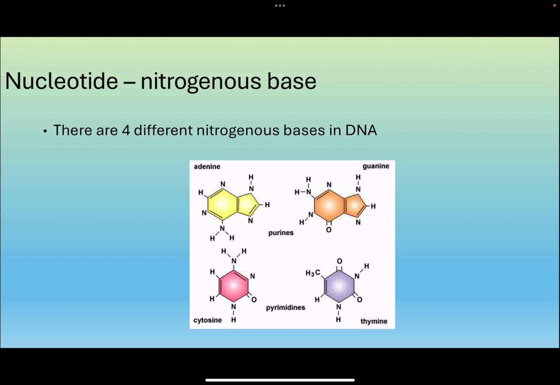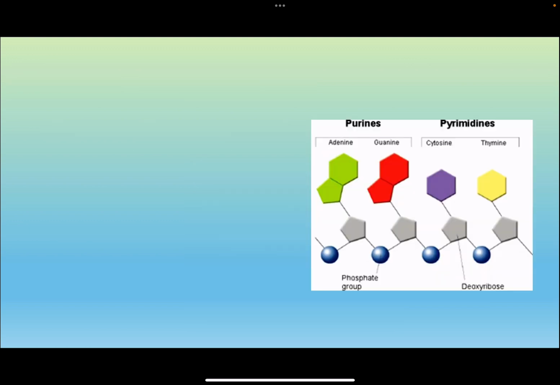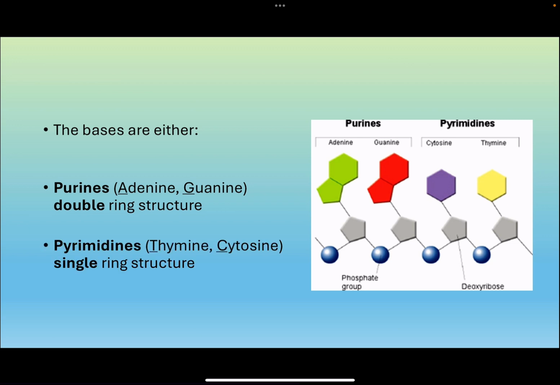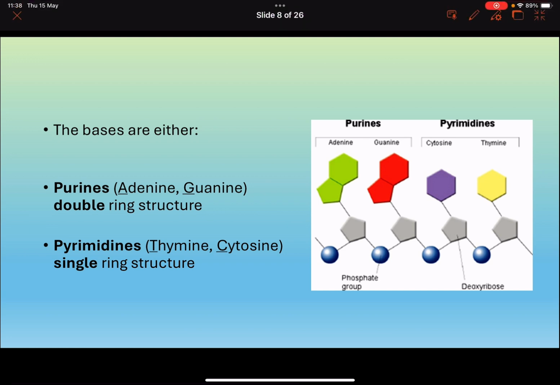These are called pyrimidines. So again, just to confirm that, you've got 2 main groups: purines, which include adenine and guanine, or A and G, which both have a double ring structure, and the pyrimidines, which are thymine and cytosine, and they both have a single ring structure.